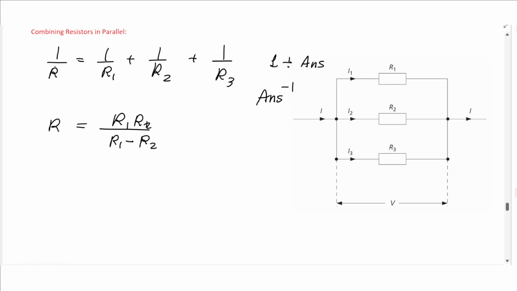You calculated 1 over the resistance, not the resistance. To get the resistance, you get the reciprocal by using 1 divided by answer on the calculator or answer to the power of -1 on the calculator. Or you can calculate using this equation and get the resistance directly, but this only works with two resistors in parallel.